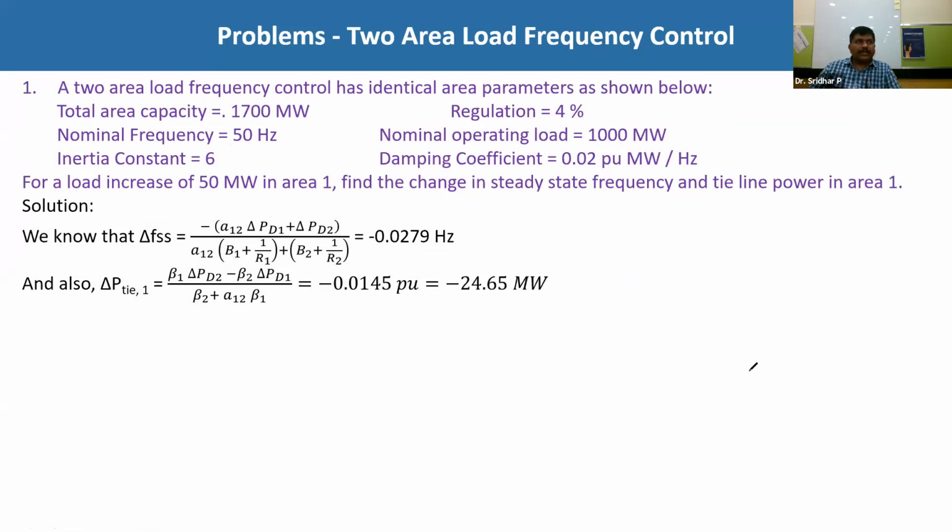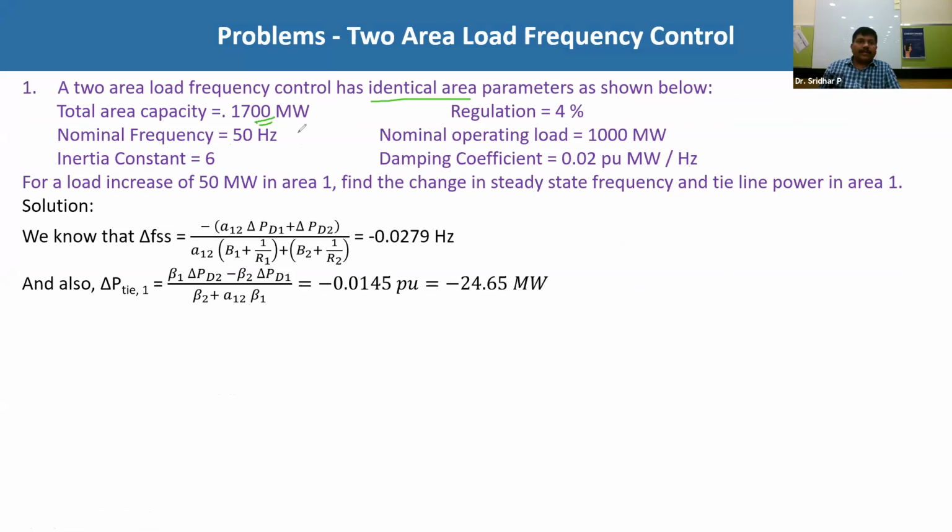Just now what we discussed, there are two areas and the parameters are identical as shown below. So total area capacity is nothing but 1700 megawatts. And you remember these are exactly identical areas.